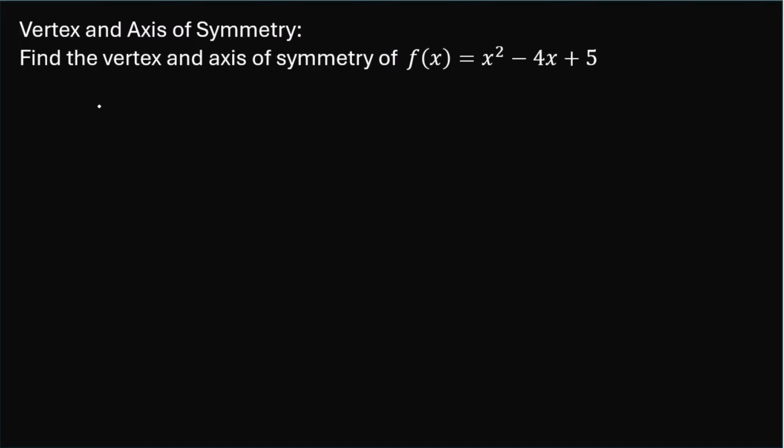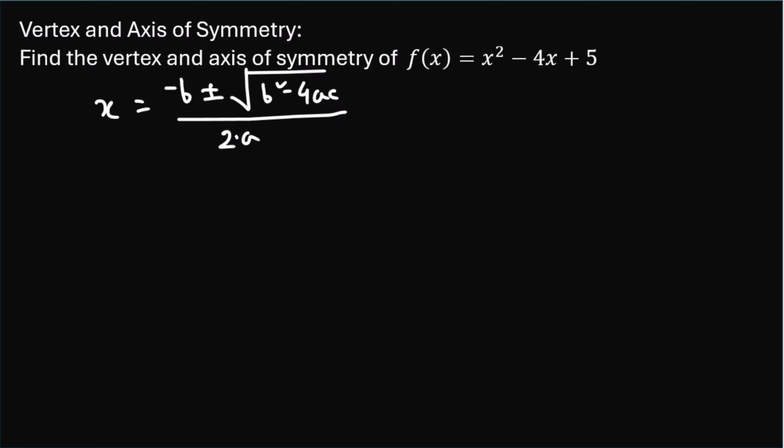First, the quadratic formula: x equals minus b plus or minus root of b squared minus 4ac, over 2a. From this equation we get the coefficients. For x squared the coefficient is 1, so a equals 1.